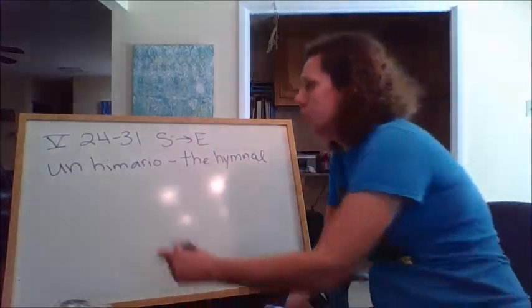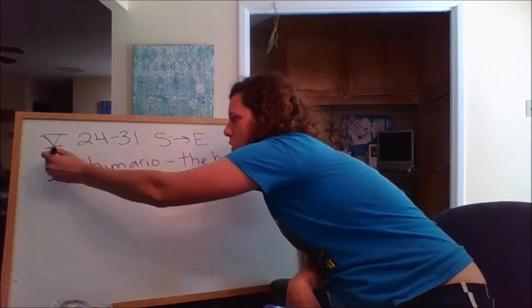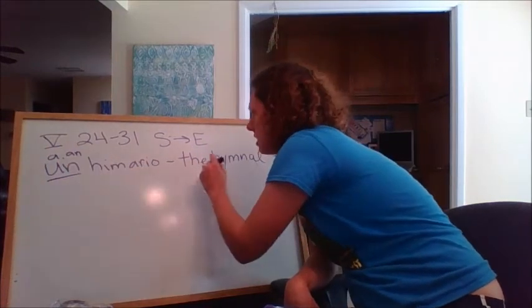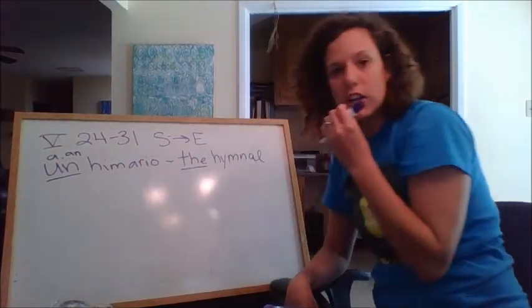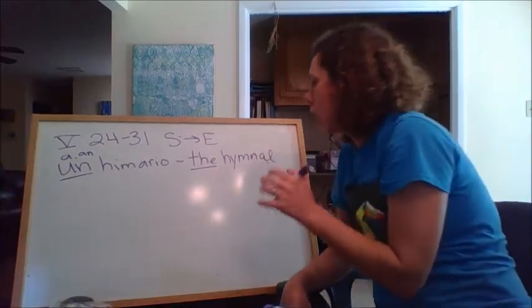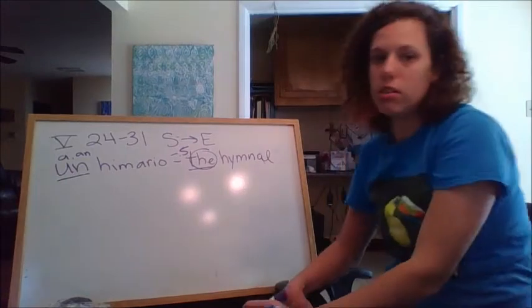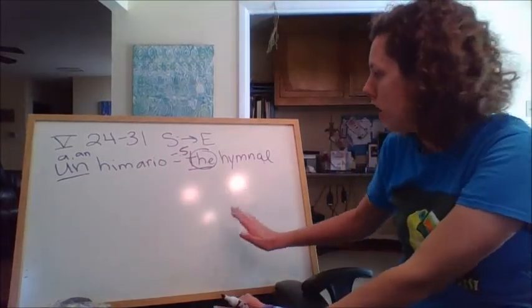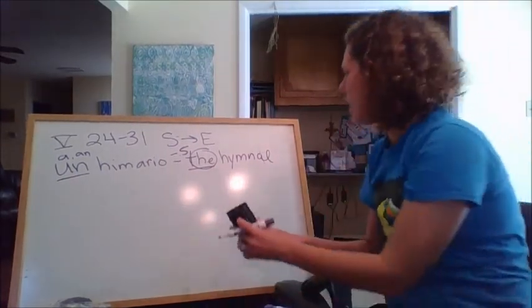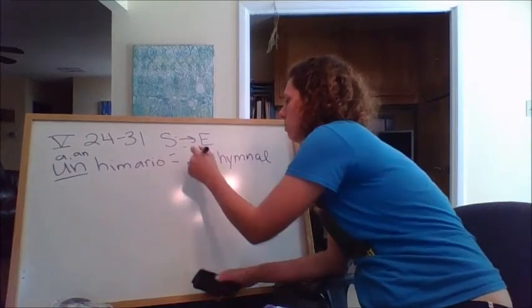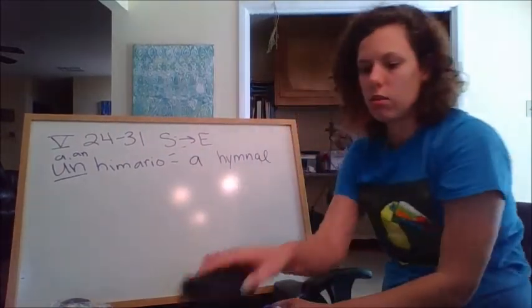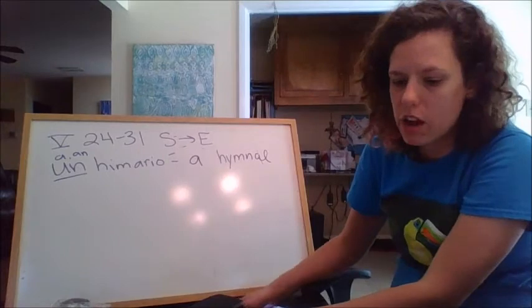Okay? Because un, remember, it means a or an. It does not mean the. They're not interchangeable. Okay? So, this is automatically minus half. All right? It has to be a hymnal. All right? Not that complicated.